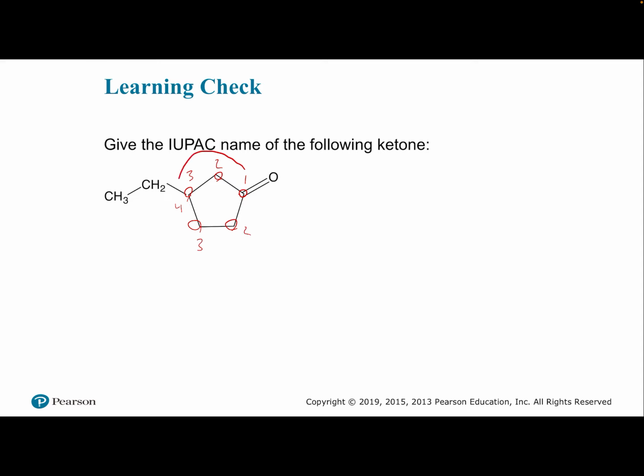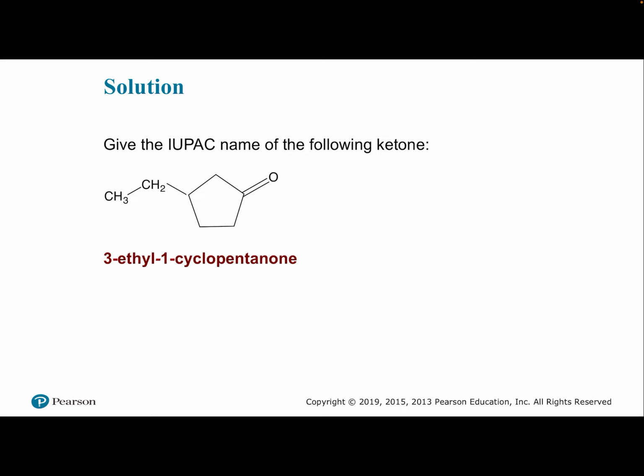So hopefully you chose this way when you're naming, and this becomes 3-ethylcyclopentanone. I suppose you could say 1-cyclopentanone. It's unnecessary to say the 1. 3-ethylcyclopentanone. This is the 1.